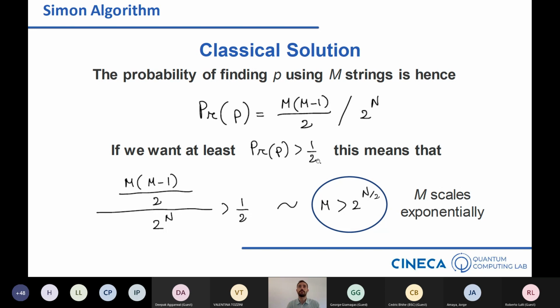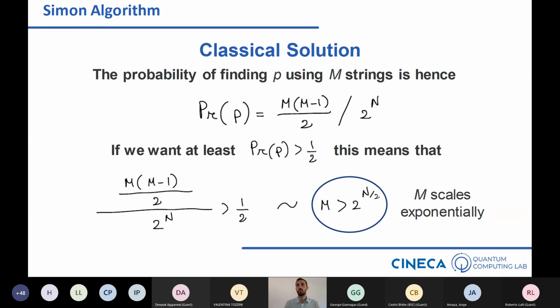Probability is given by the number of checks that I have to make over the total number of strings. If I want this probability to be greater than 1/2, my m, the number of input strings that I have to consider, must be strictly greater than half of the total space. Okay. Is it clear, this part?